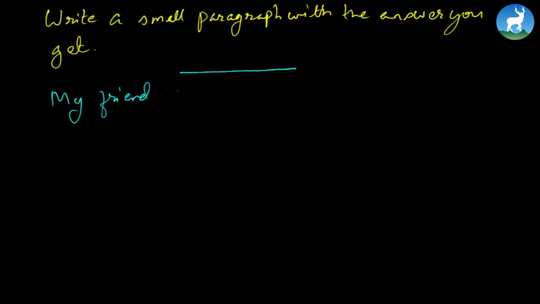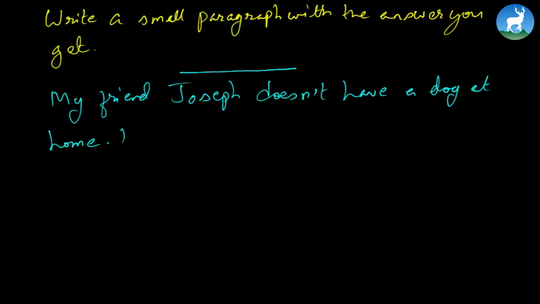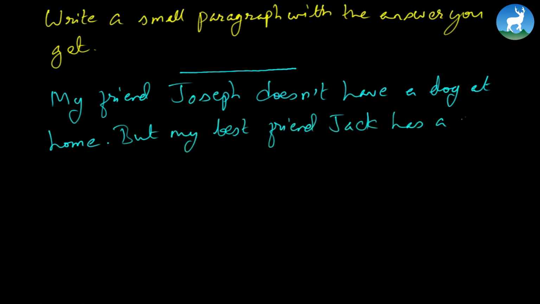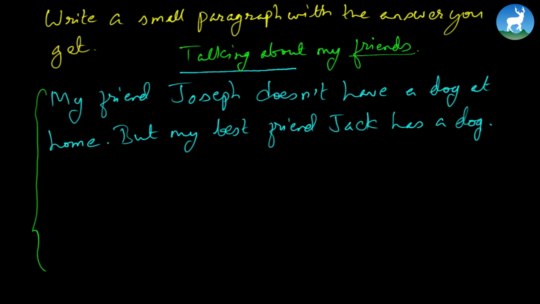Like, let's say, my friend Joseph doesn't have a dog at home, but my best friend Jack has a dog. Just be creative, and you can write a paragraph on loves music, has got a bicycle, we go to the town. Just include your friends in your paragraph. I would rather give a topic, talking about my friends, and just write a simple paragraph.